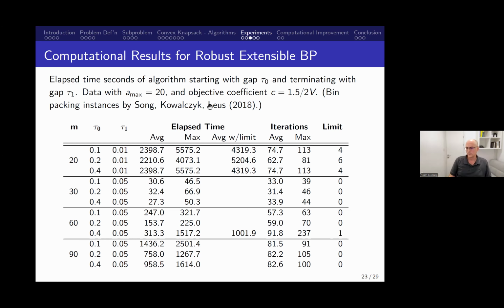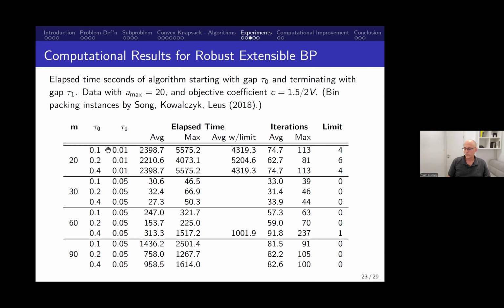This paper didn't look at the extensible one, but we based our experiment on their data, and we just add some overtime cost to the bins. So this is benchmark bin packing data, and here it's actually quite challenging, the extensible bin packing problem when we solve with 1%. What we look at here is we have an initial optimality gap and a final optimality gap, so tau 0 and tau 1 that we terminate with.